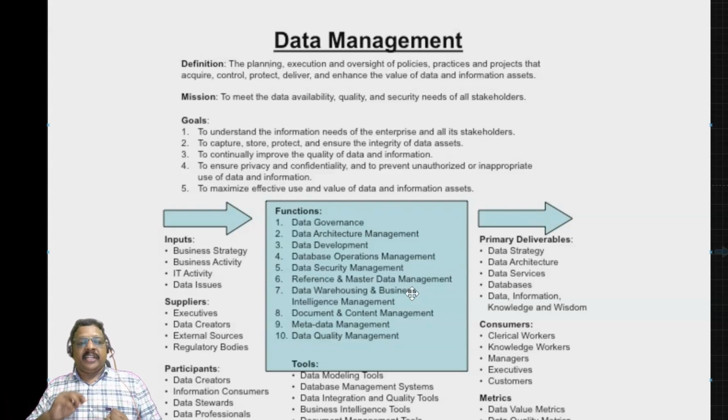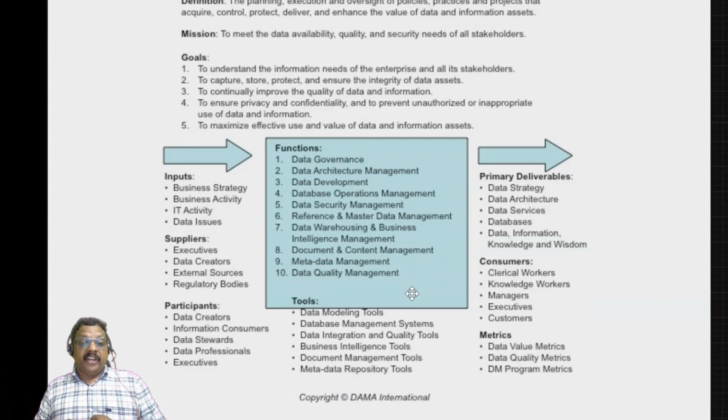Under that, we have data governance, data architecture management, data development, database operations management, data security management, reference and master data management, data warehousing and business intelligence management, then document and content management, metadata management, and data quality management. These are the functions under the data management process. Of course, each of them is a knowledge area which has to be elaborated and learned.